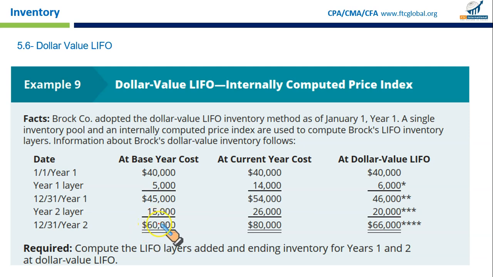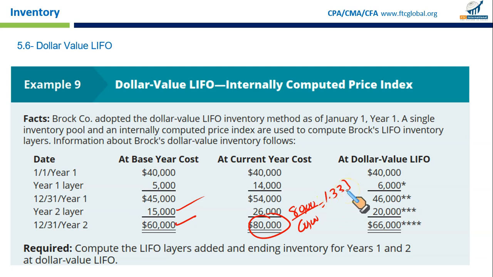Comes year 2. Base year cost is 60,000, including a 15,000 layer added during the period. Current value of inventory is $80,000. So let us calculate the internally computed price index. 80,000 divided by 60,000 is basically 4 by 3, or simply 1.333.